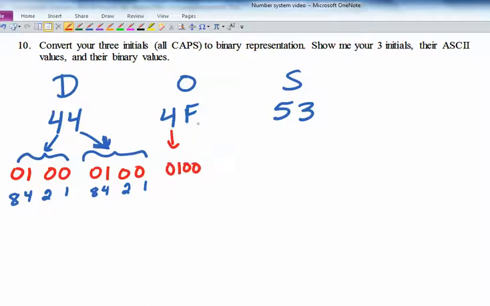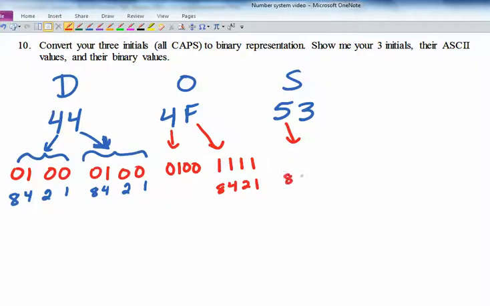And the letter F, I hope that maybe you don't even have to think about this. Do you know that it's going to be our maximum? F is 15. F is our highest digit, so I know it's 15. And 15 is an 8, a 4, a 2, and a 1. It's the maximum we can do with 4 digits. And then let's do the number 5.